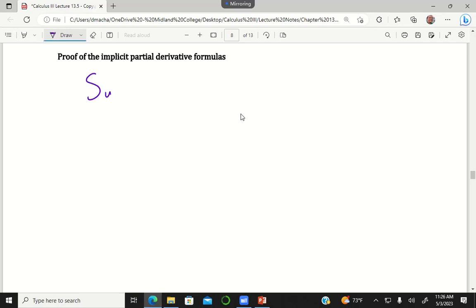now suppose we have an equation, and the equation is going to be in terms of three variables, x, y, and z.